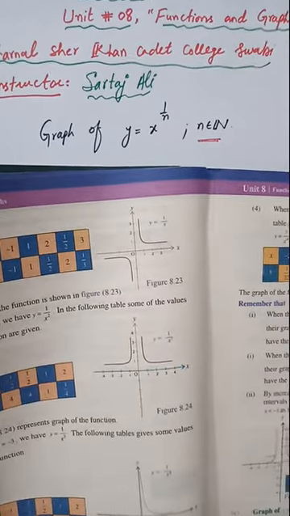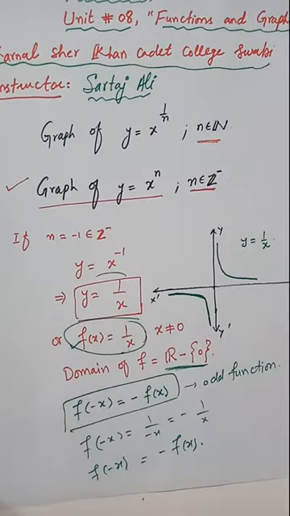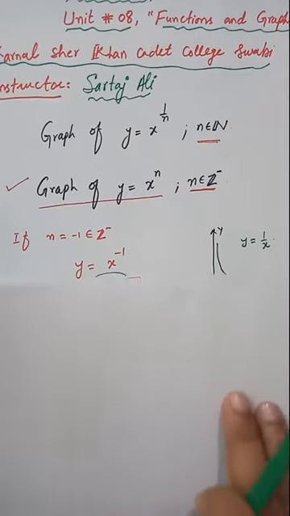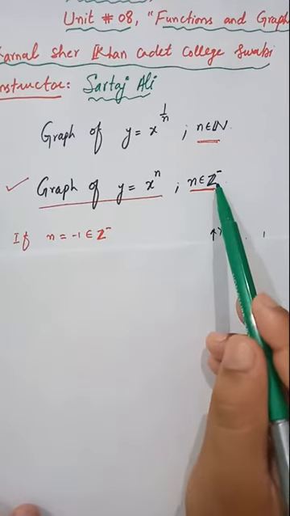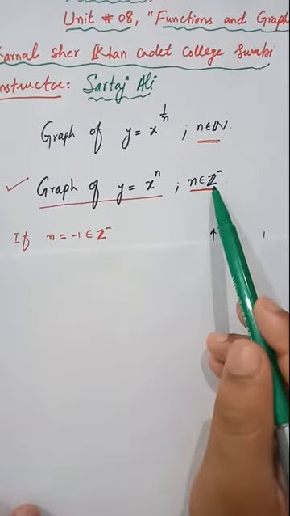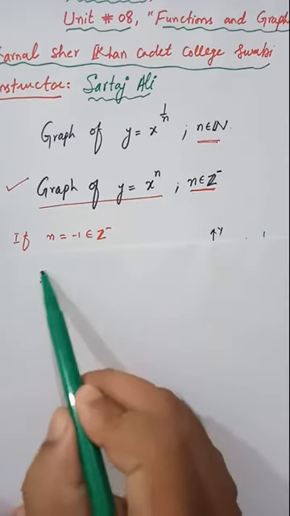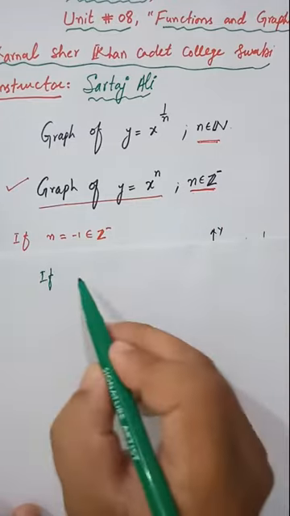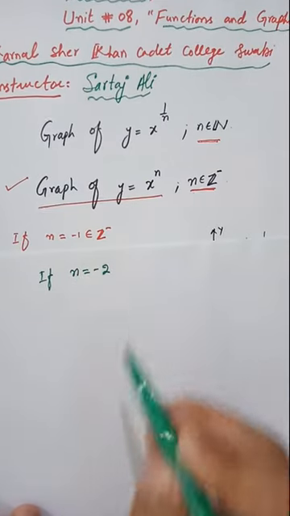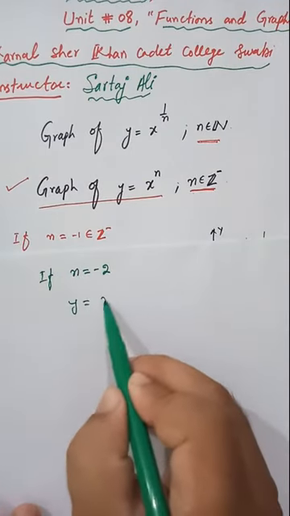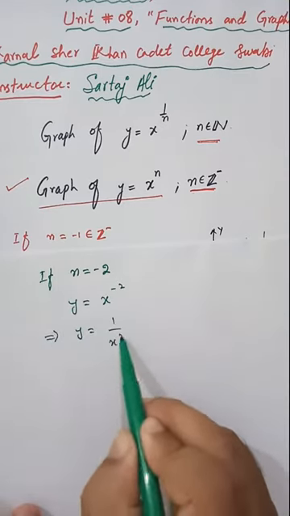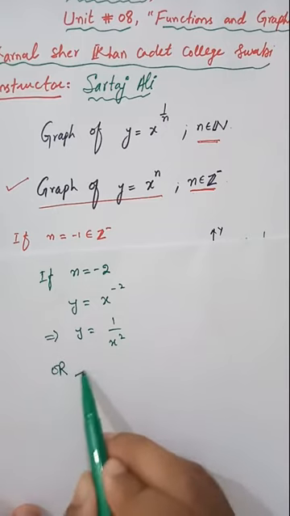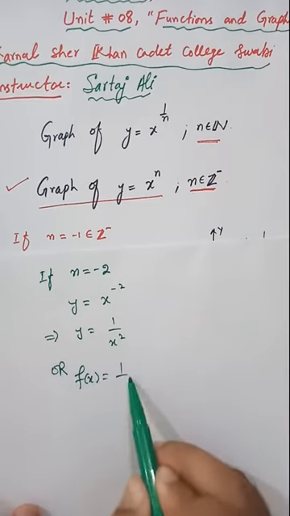Okay, now we are discussing the graph of y equal to x power n, where n belongs to the negative integers. So if n equals minus 2, then y equals x power minus 2, which implies that y equals 1 divided by x square, or you can write f of x equal to 1 divided by x square.